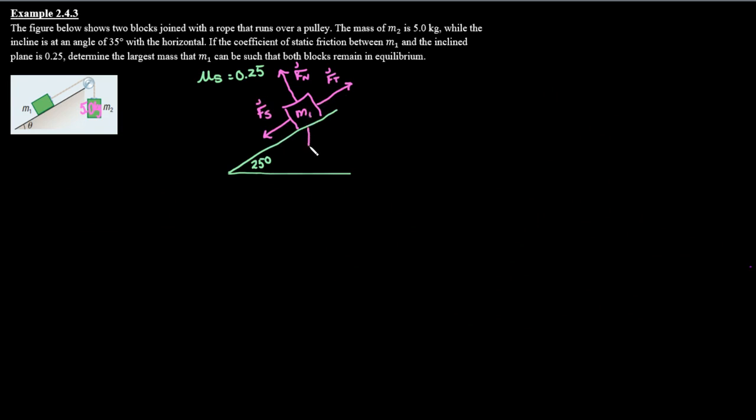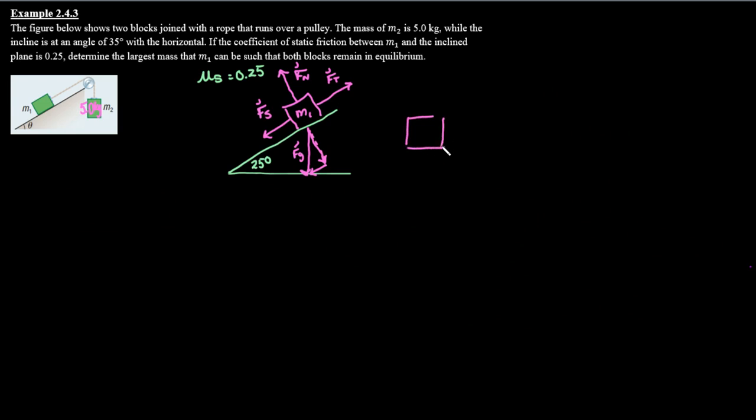And we know we have gravity that acts straight down, which we can break up into those x and y components. So notice my x component is going to act down the hill, where my y component acts straight down. And that's your free body diagram for M1. For M2, it's a lot nicer.